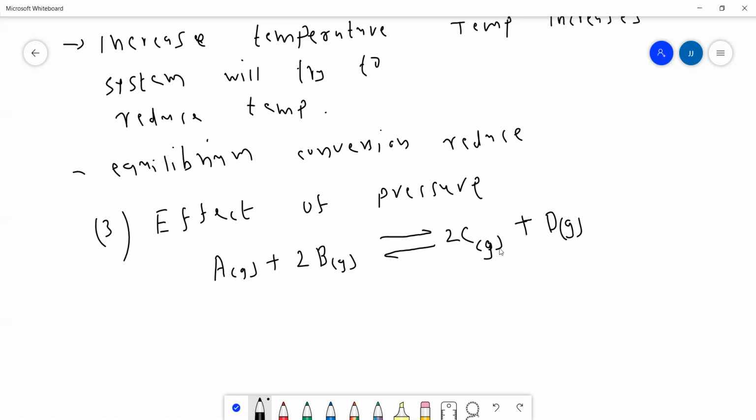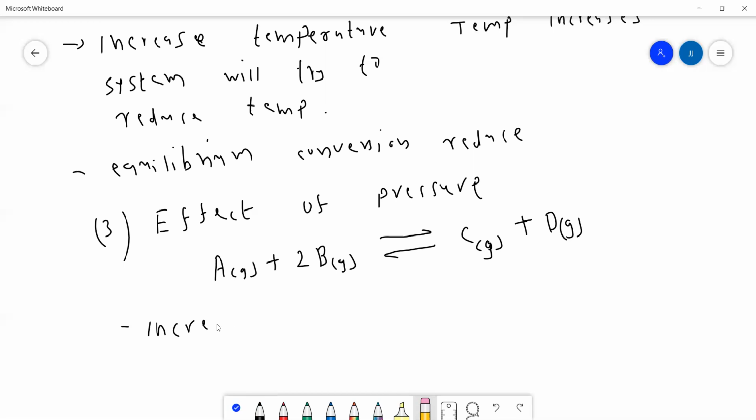So let's say this is the equilibrium reversible reaction, and at equilibrium we have a certain conversion of A. Let's say we have different moles of reactant and product, so that we can see the effect of pressure.